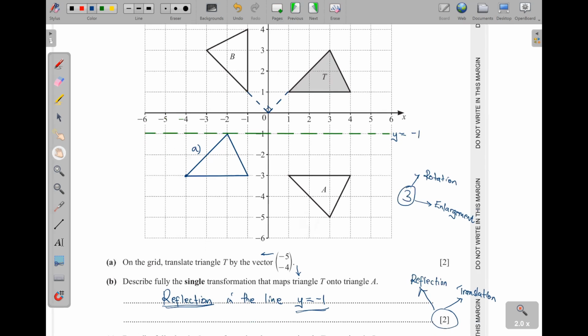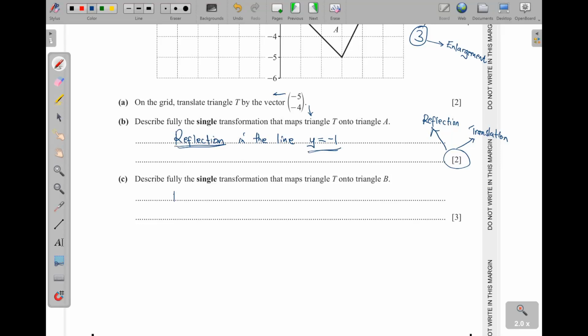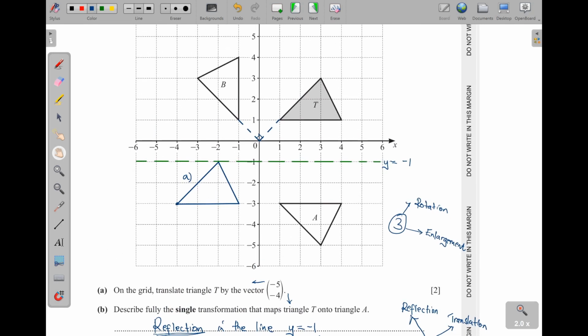So I will say rotation here, rotation, that is the first mark. Okay. Then through 90 degrees. Your 90 degrees, is it clockwise or anti-clockwise? Okay. When you look at this, I think it has to be anti-clockwise because this part here came here. If it was clockwise, this part here would have been like this here, and then this one goes like this side, you see.